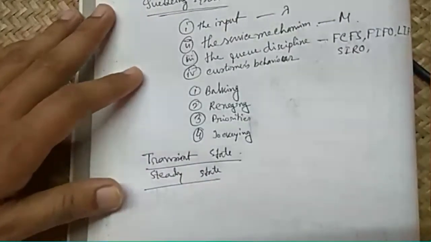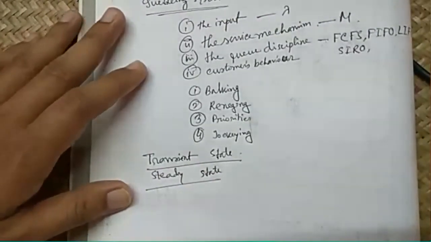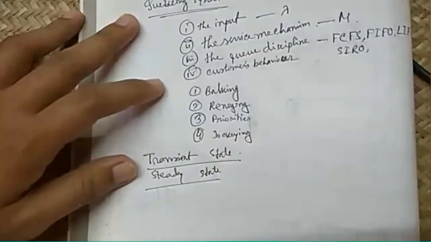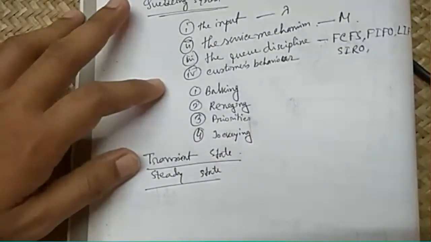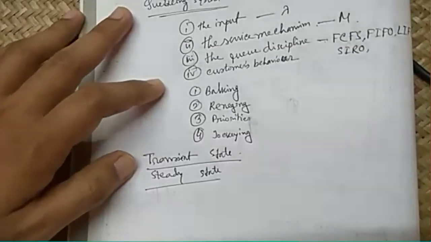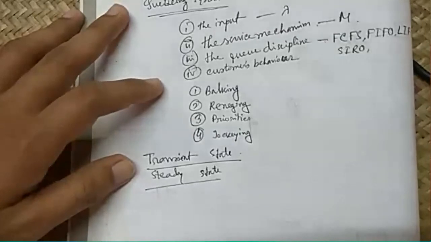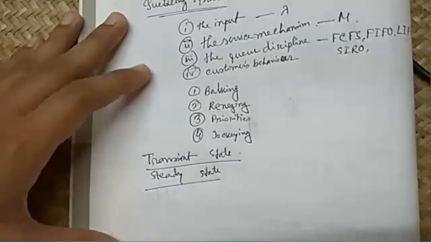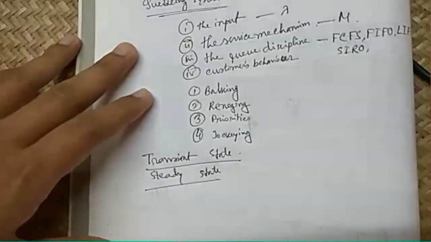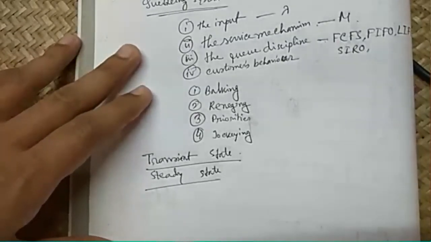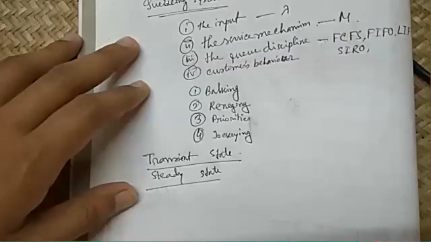When the properties, or the probabilities, are continuously fluctuating over time, then it is a transient state. And when after a long time the queuing system is steady, its properties are not changing with time, then it is a steady state.